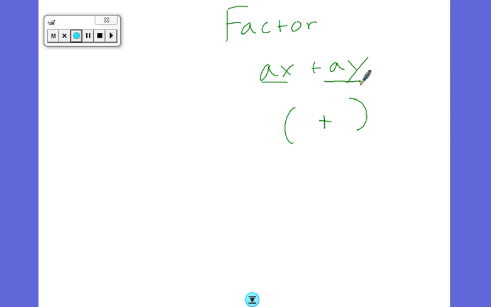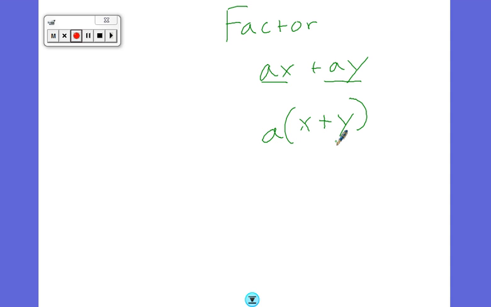What do both of those terms have in common? The A. So you take the thing that they have in common and put it on the outside. And then you just write X plus Y. We took out what was in common. I'll give you a harder one. But does that make sense?